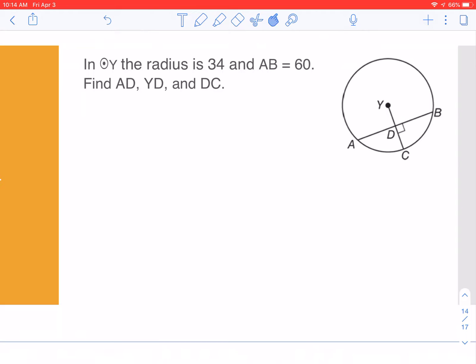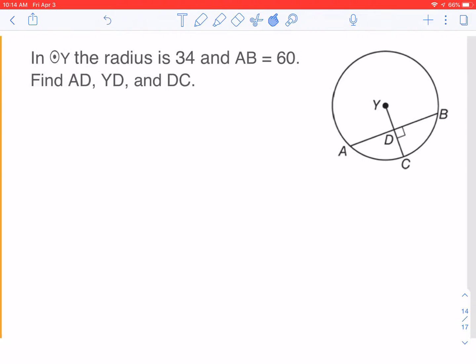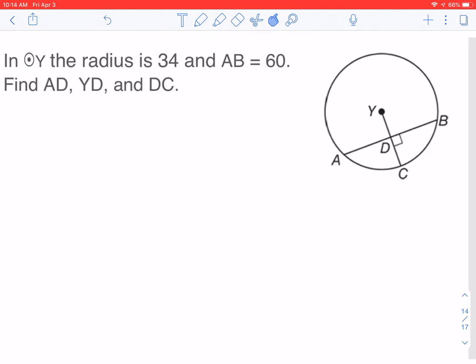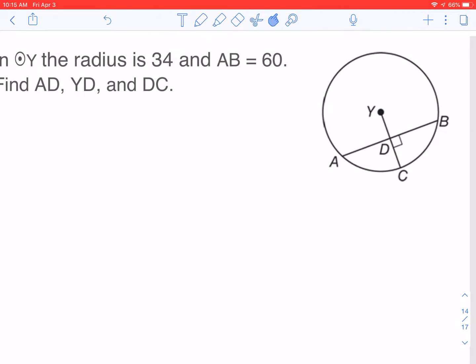Okay, this one says if in circle Y, the radius is 34, and AB equals 60. Find AD, YD, and DC. Okay. So what I'm going to do here is I am going to draw a radius here.